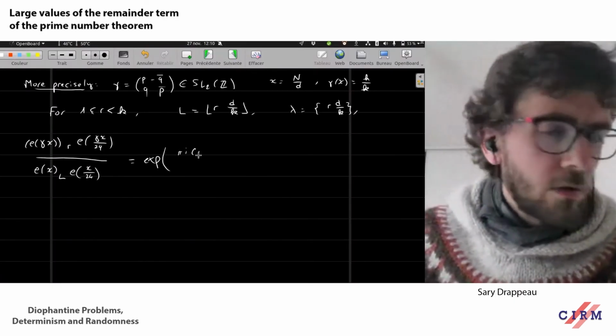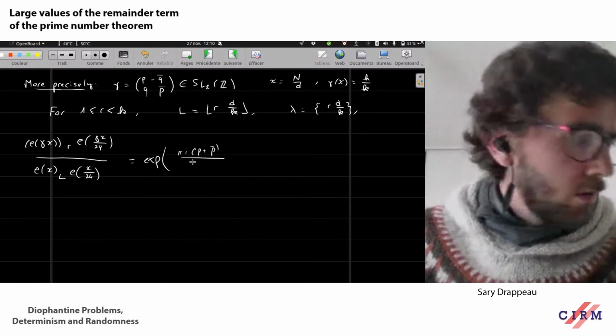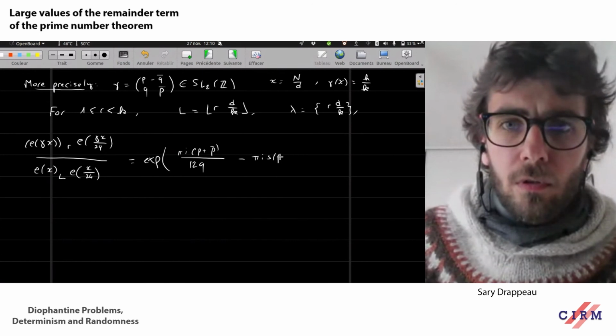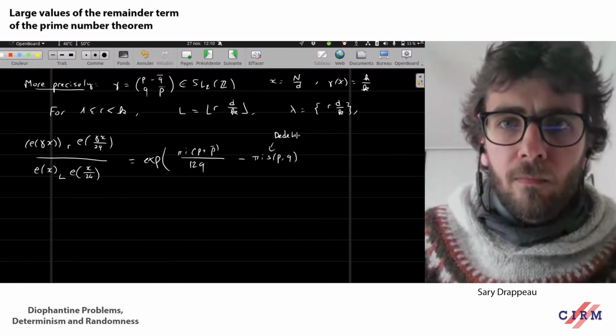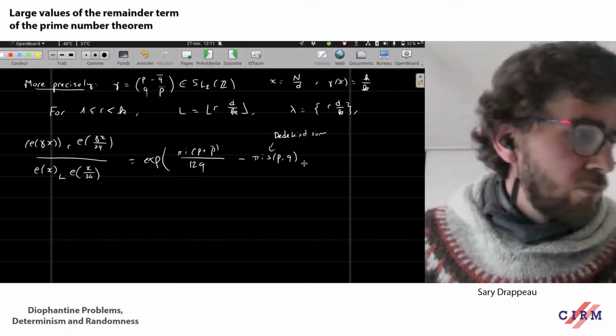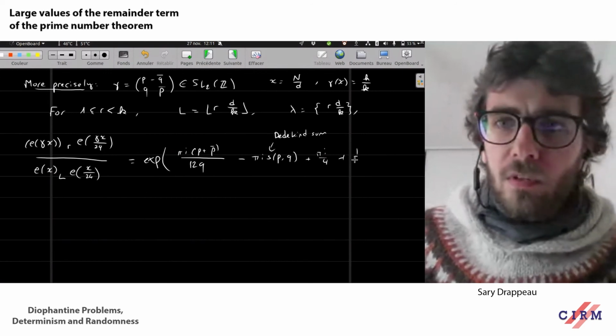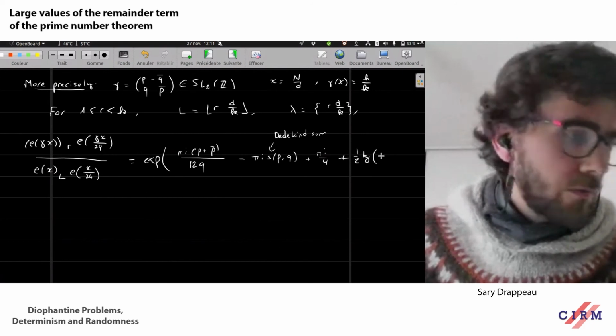There is the first one which will maybe ring a bell for people who study cotangent sums. So this is a Dedekind sum, plus pi i over 4 plus half log of k over d.